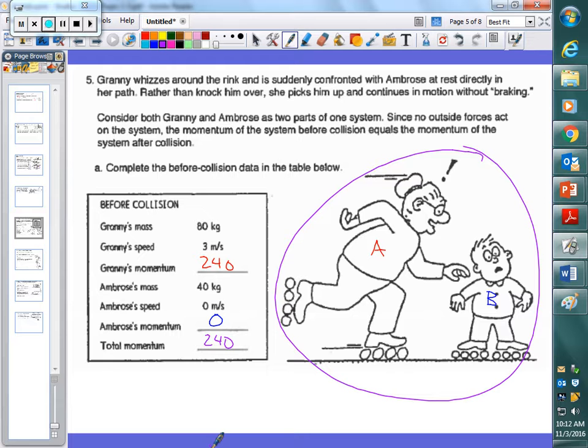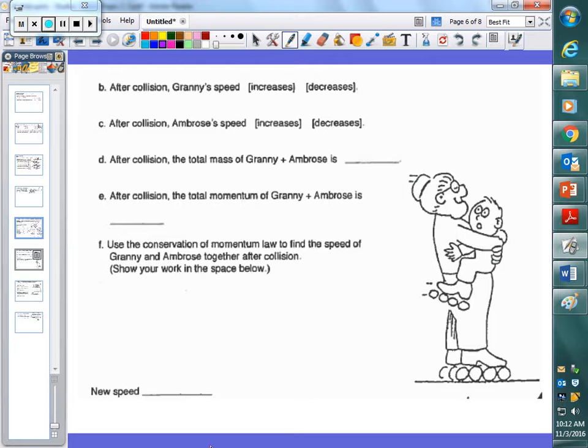So now let's look at the after. Now, Granny and Ambrose, even though individually they were their own systems, are now all one big system. What does the total momentum of that system have to be? 240.